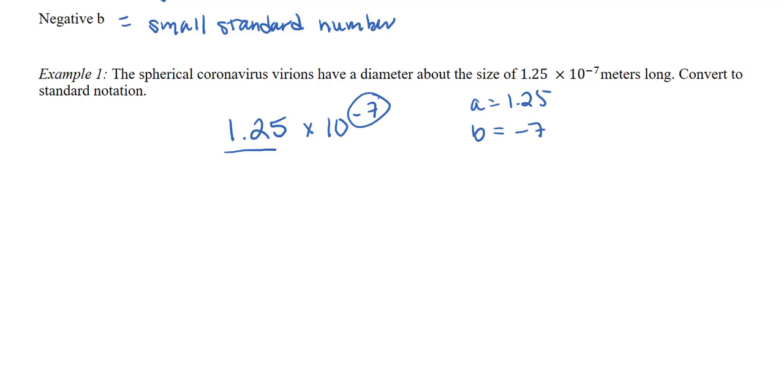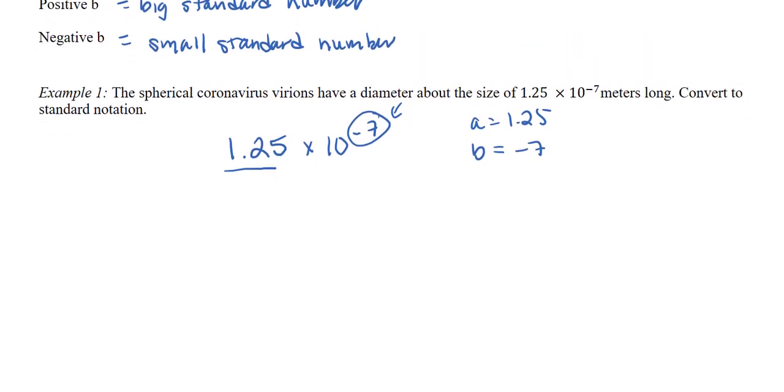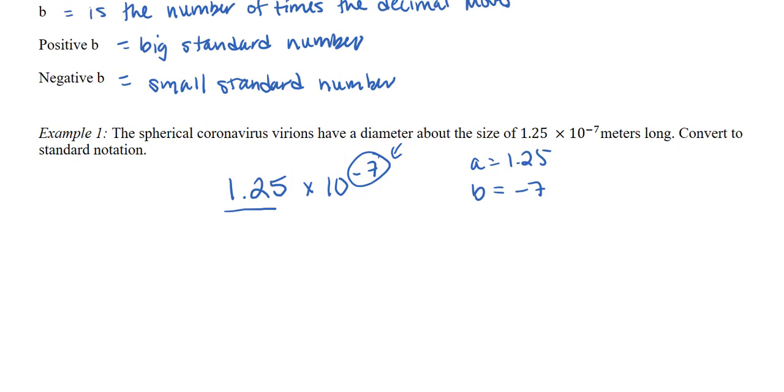So what happens is if we have a negative b, that means we have a small standard number, right? And b tells us how many times we need to move the decimal. If we have a negative b, we're going to move the decimal to the left.